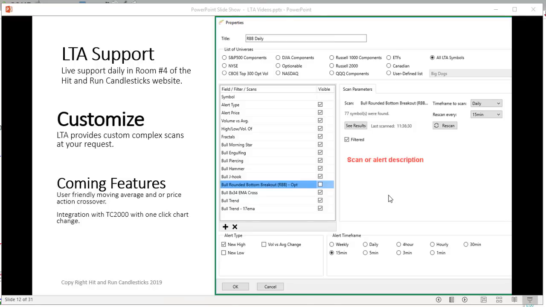As an example, tomorrow, for users only, we're going to get into the weeds of setting up scans at 4:15 Eastern in Room 4. And then we have 2 user seminars, clinics, next week planned to help set up scans and answer scan questions.